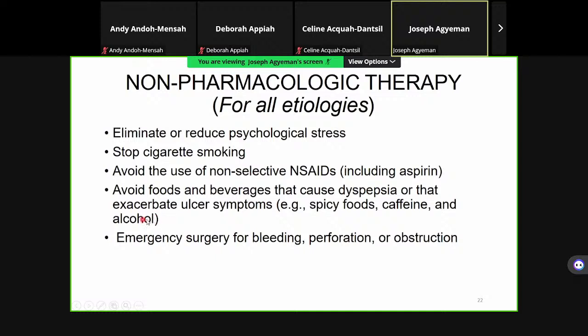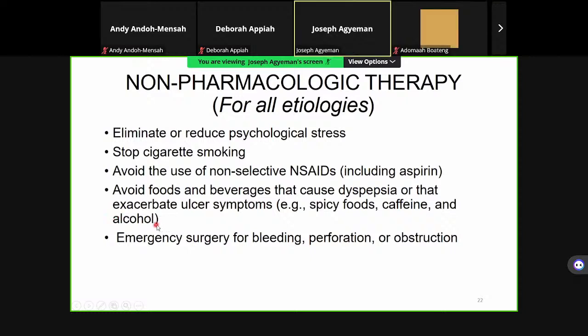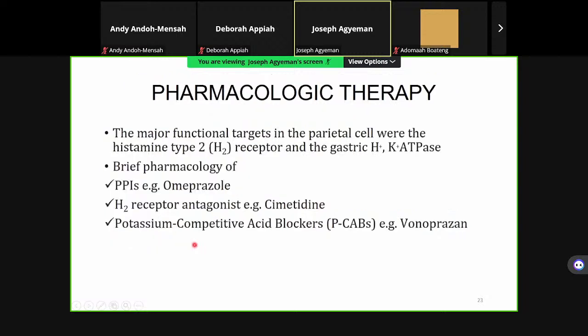If you can't avoid it, especially this one that people at times they can't do away with, please reduce it. In cases where there are complications and the person is bleeding or having perforations or obstructions, then the non-pharmacological intervention will be surgery. So these are lifestyle modifications and surgery. These are the targets when it comes to non-pharmacological approach.